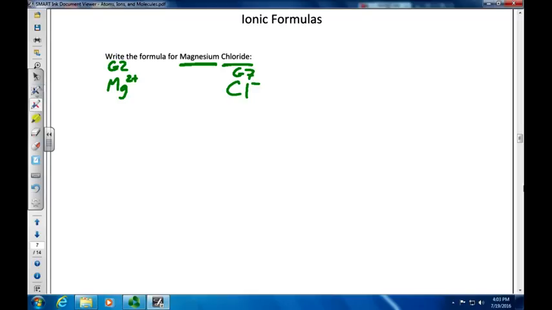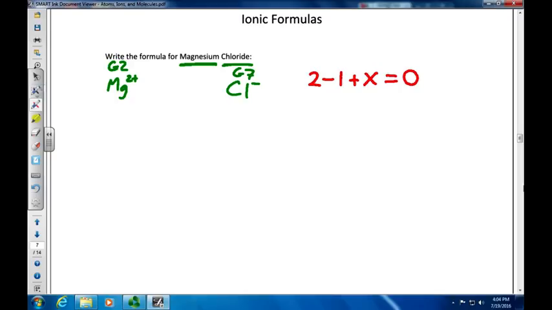The long form way of doing this, if it's complicated for you, is to recognize that 2, which is the charge on magnesium, plus -1, which is the charge on chlorine, plus some unknown value has to equal 0.